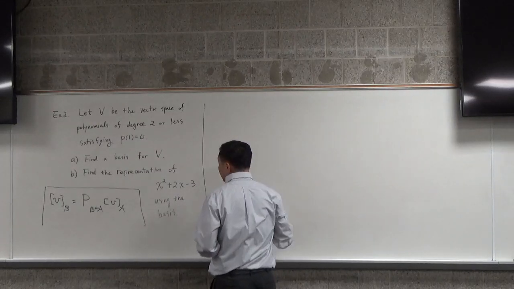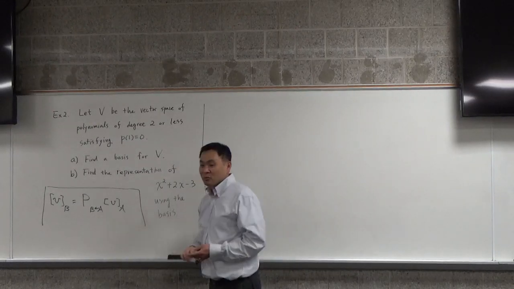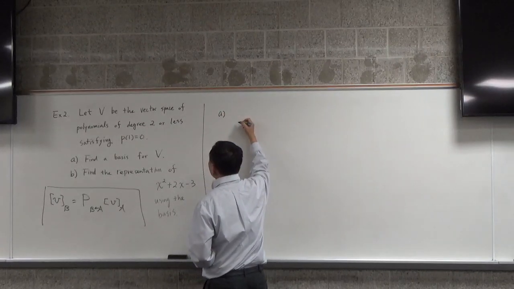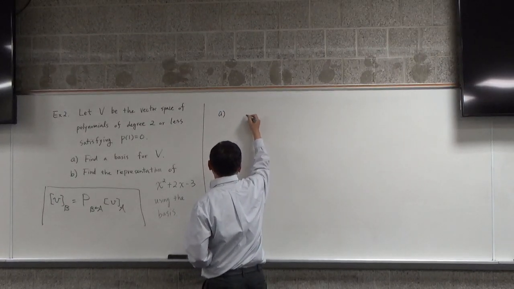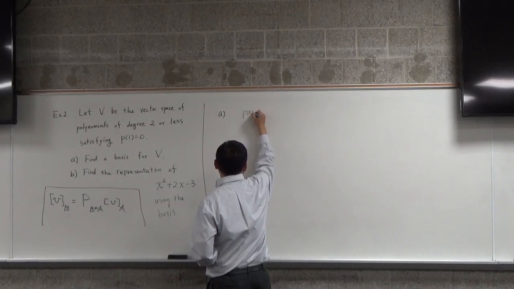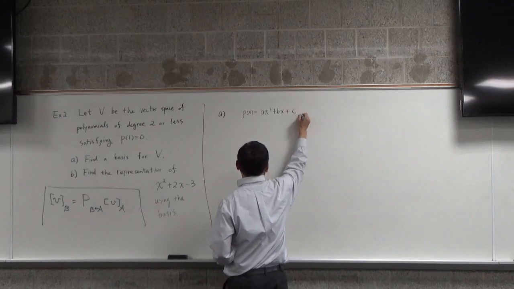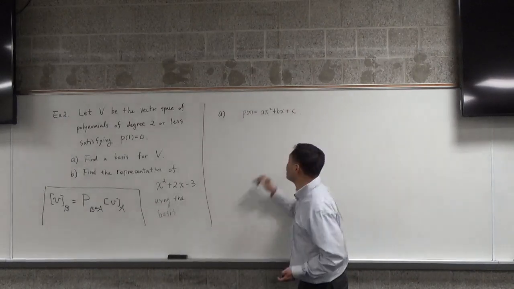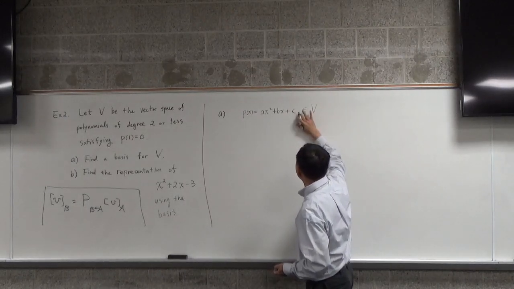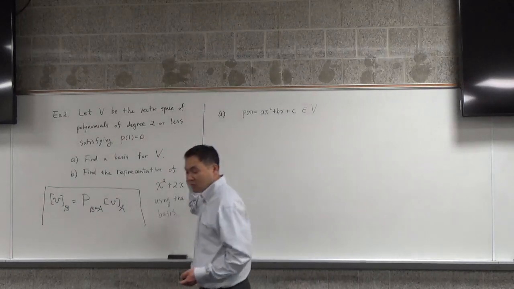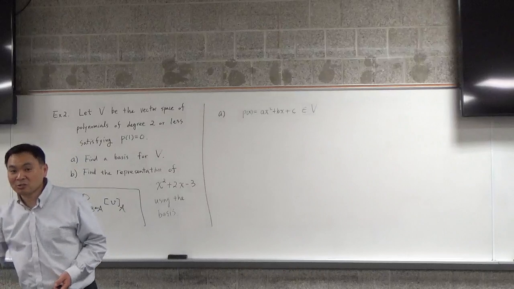Okay, so given that, now we have to find the basis for V. Let's try that. A generic element in V would look like ax squared plus bx plus c. You agree? Anything in V, because it's a second order or less polynomial, should look like that.